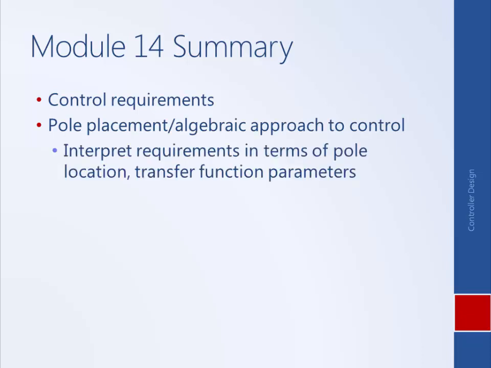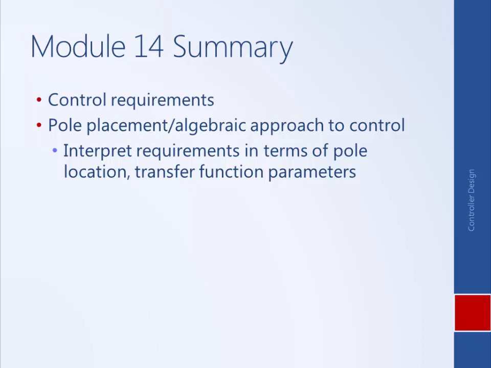So the idea is that we interpret requirements in terms of pole location or transfer function parameters. So we have some specification in terms of speed, whether that be peak time or settle time, or we have some requirement on overshoot.